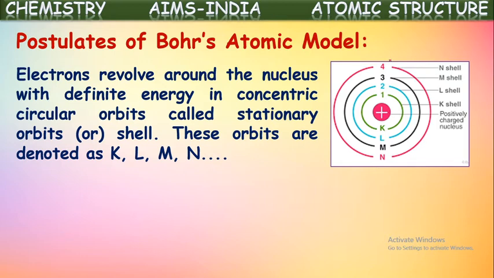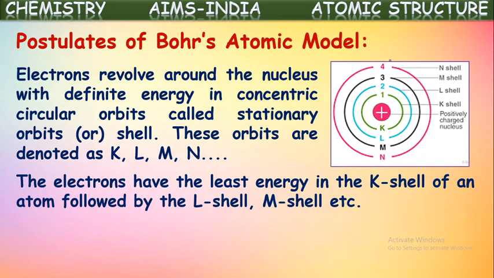The orbit closest to the nucleus is given number 1, and next one 2, third one, fourth one. Now we can say first shell means K shell, third shell means M shell.